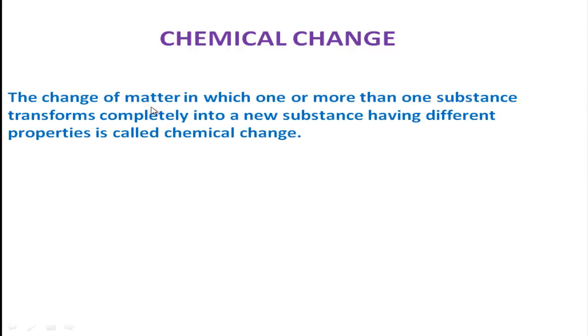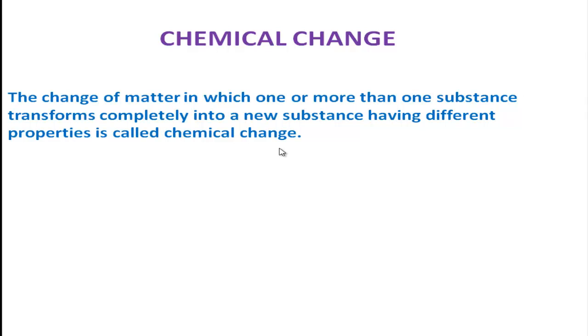Chemical change: the change of matter in which one or more than one substance transforms completely into a new substance having different properties is called chemical change. That means in this type of change, one or more substances react and produce a totally new substance, and the properties of the new substance will be totally different from the properties of the old substance.